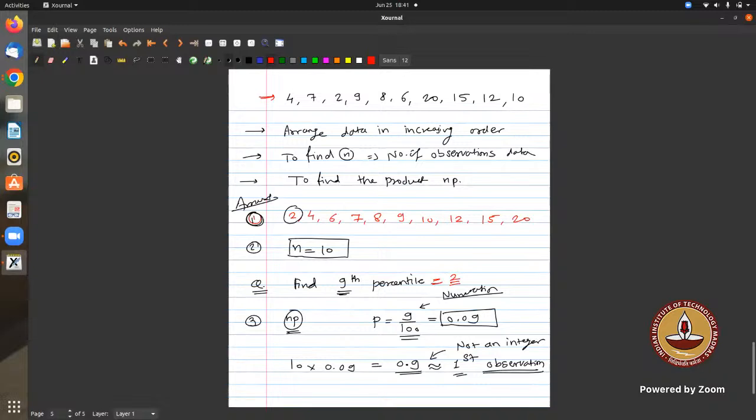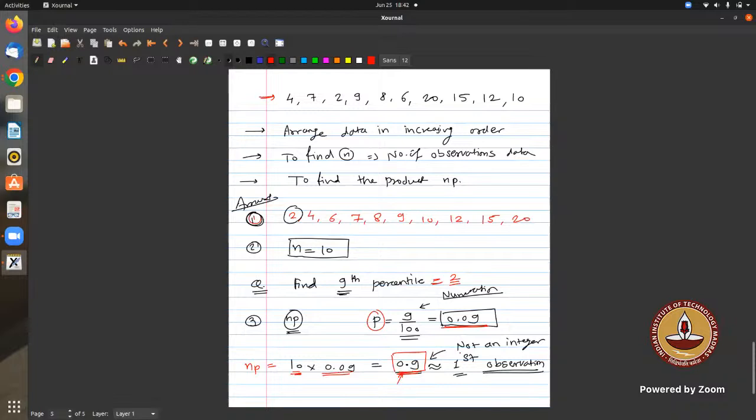Sir, may you please repeat the step, n into p, 10 into 0.09? Okay, see, this is n into p, right? N is 10, correct? P is this 0.09. Until this point is fine. Then it is equal to 0.9, right? So this is not an integer value.